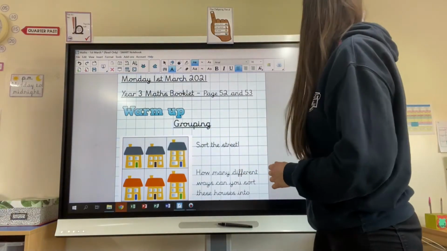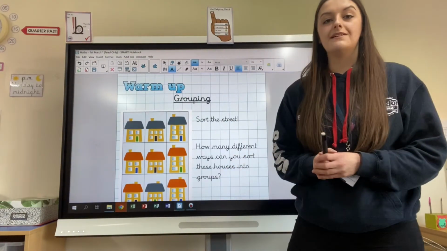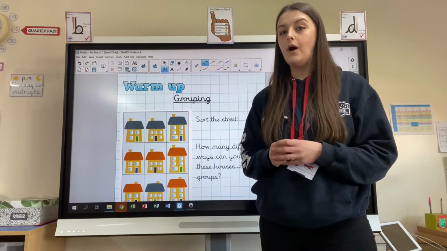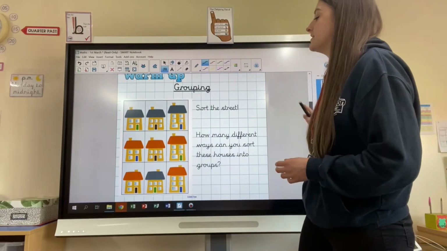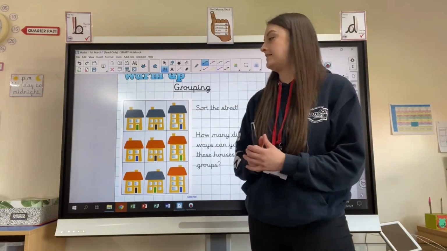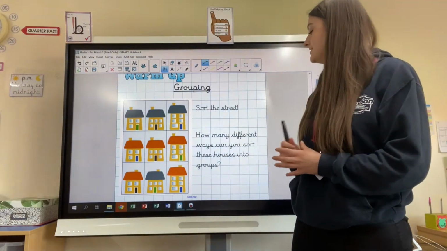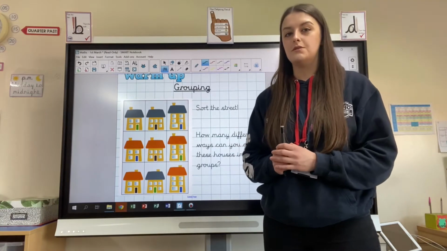So let's start with our warm up for today. You're going to be grouping, and I know we've done this before in science, so we're quite good at grouping. I have got a street of houses here. You can see I've got 9 houses, and I want you to sort the street out. How many different ways can you sort these houses into groups, okay?